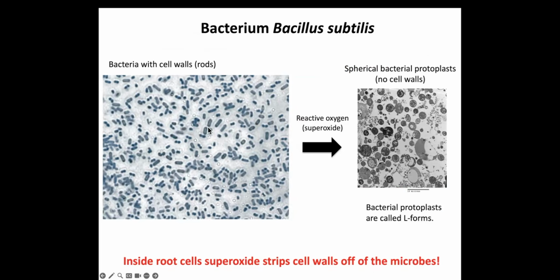This just shows a bacterium with cell walls, like a Bacillus, with the cell walls removed, and you see there are these protoplasts. One of the features of these protoplasts, by the way, is that they grow real fast, and the plant can replicate them very rapidly inside the plant cells. With a cell wall, it takes on average 20 minutes or so for a cell to divide, right?